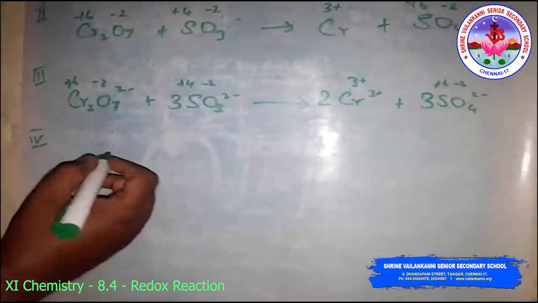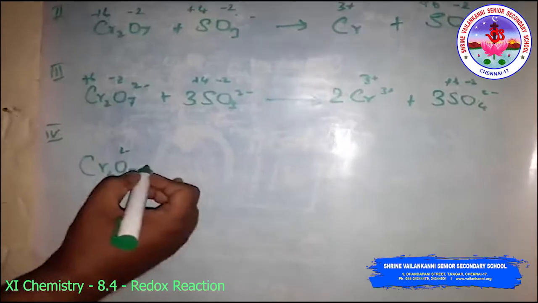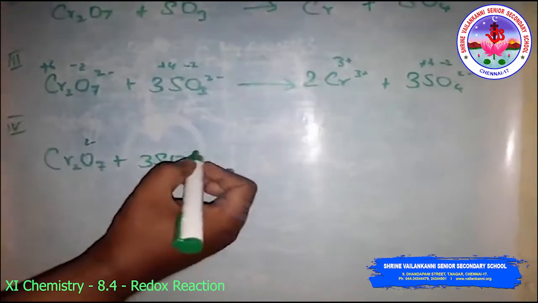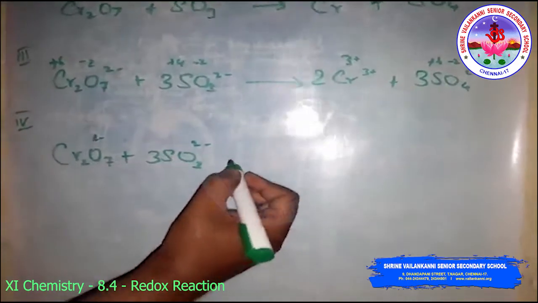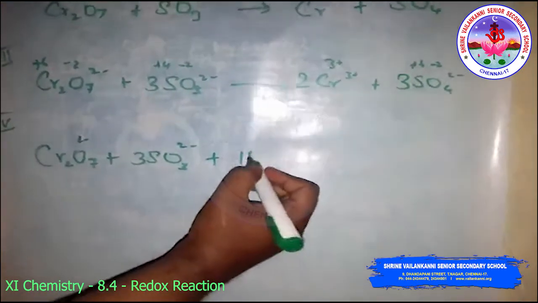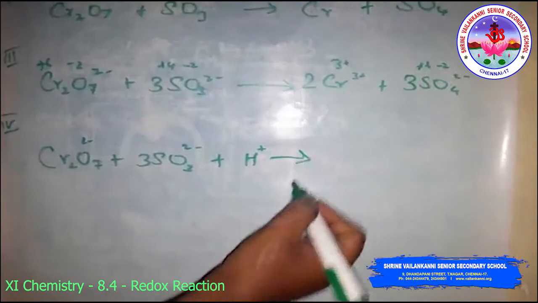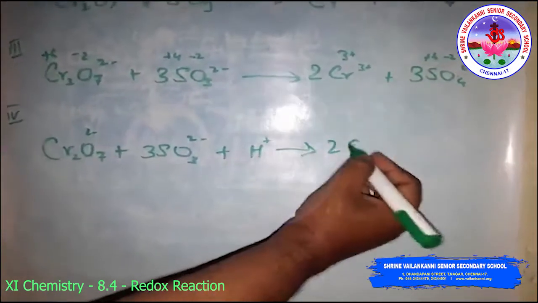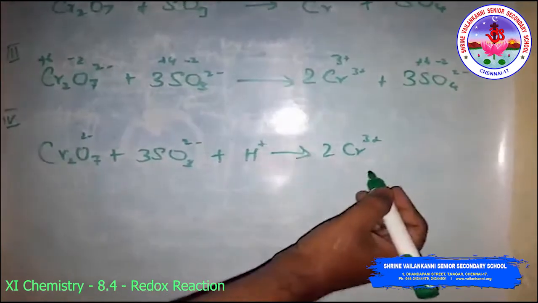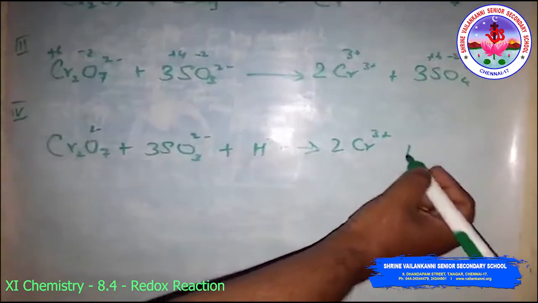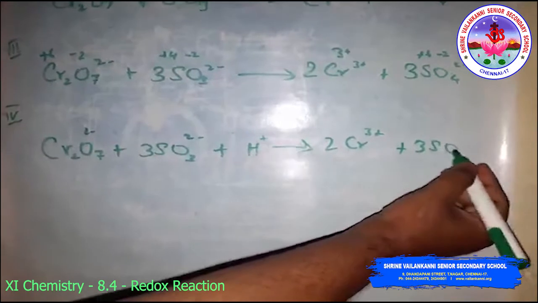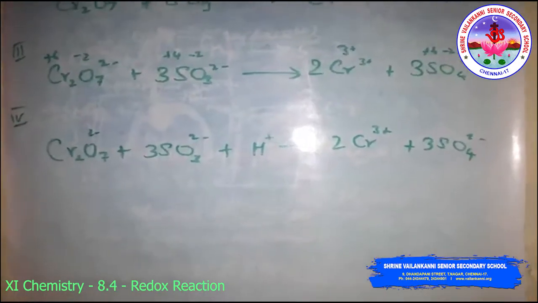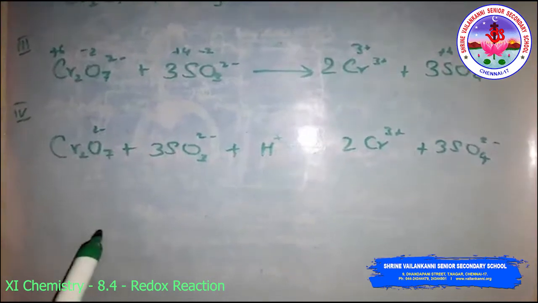Cr2O7 2- plus 3 SO3 2- plus H+ gives 2 Cr3+ and 3 SO4 2-.